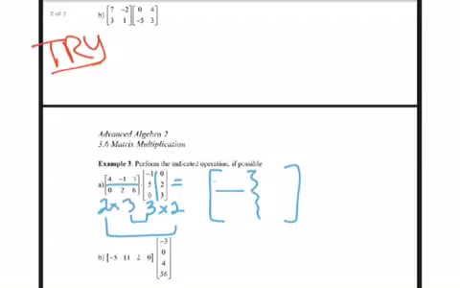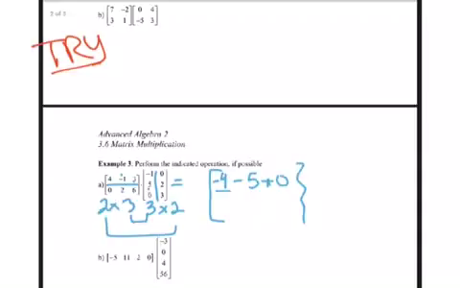So I've got 4 times negative 1 is negative 4, plus middle times middle, so it's going to be negative 1 times 5 is negative 5. So it's going to be plus or just minus, and then 3 times 0.